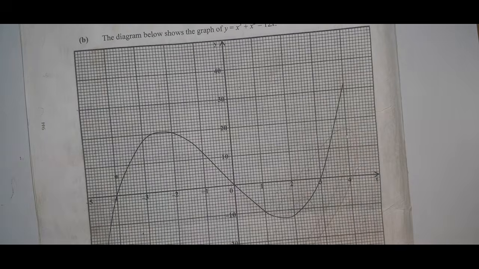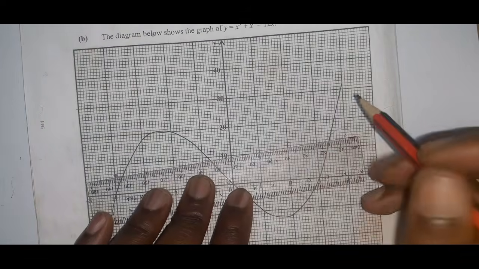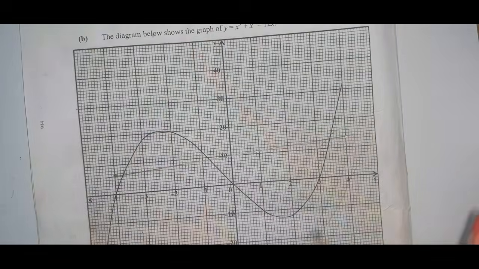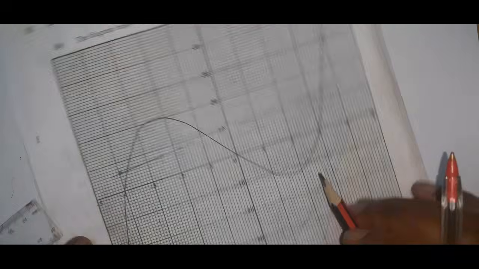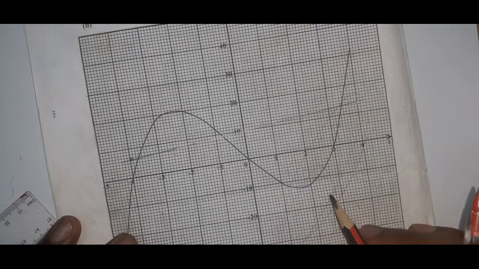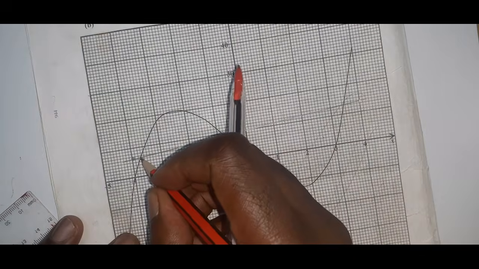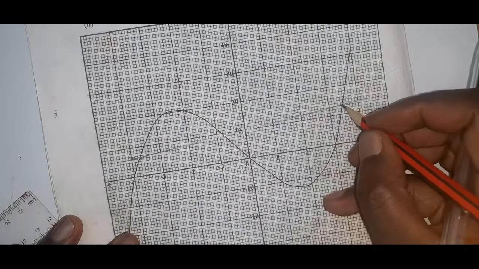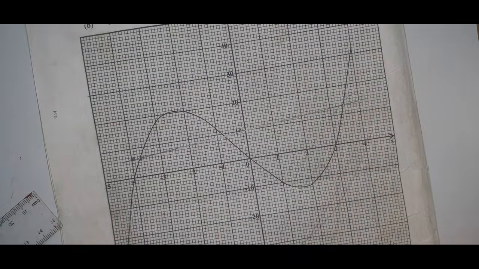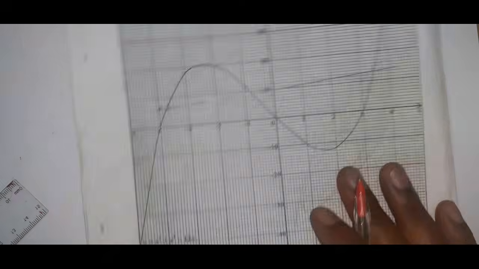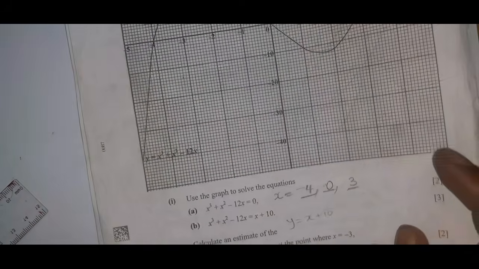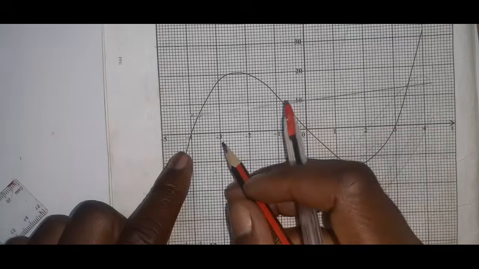Let's join them with a ruler. You join them like this. I'm sure you've seen the line here. So then we come and get the x coordinates where the two are crossing, here and this point. So the first point here that we have is what?